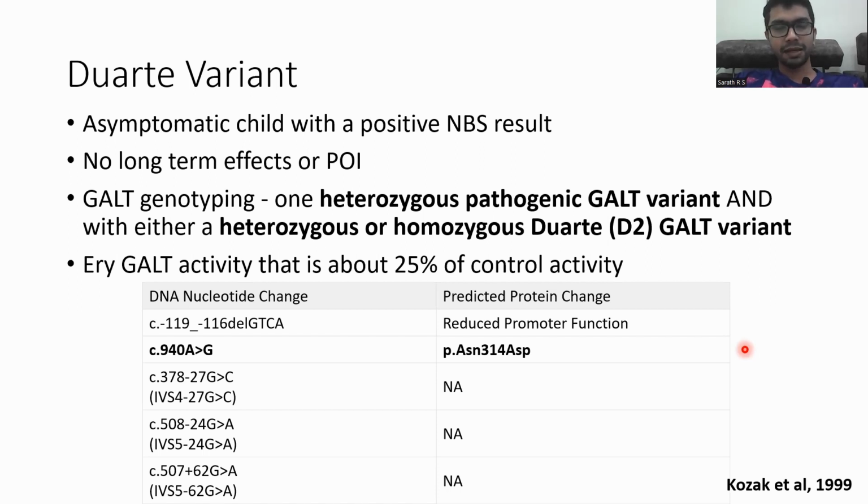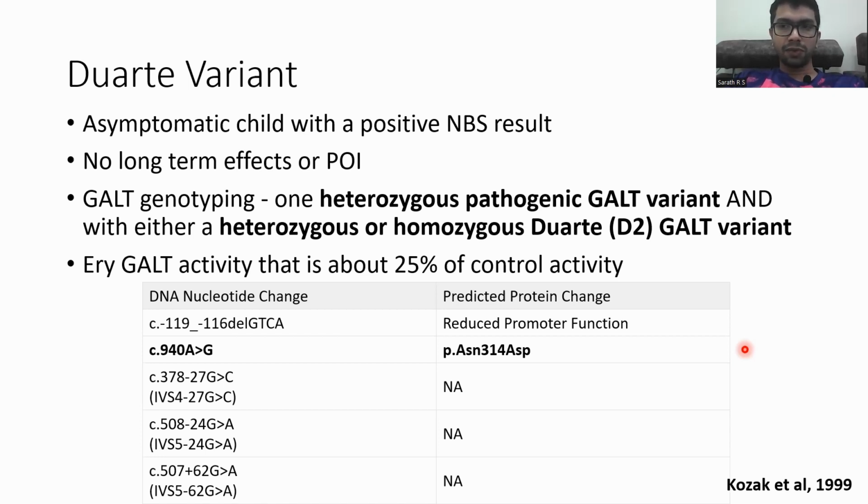So what happens is that in some kids, there will be one allele with a pathogenic variant of galactosemia. However, on the second allele, there will be a Duarte allele, D2 allele. So the pathogenic allele will definitely cause a decreased activity of GALT enzyme. However, Duarte allele, the D2 allele, won't affect the activity that much.